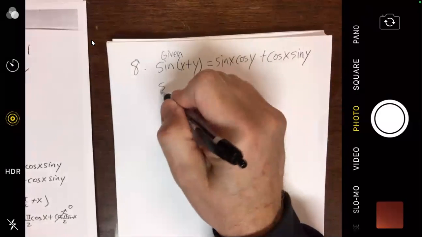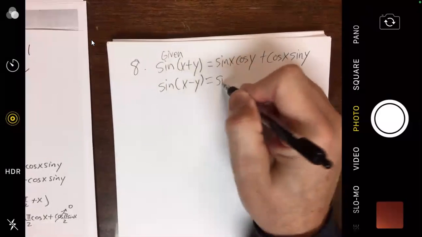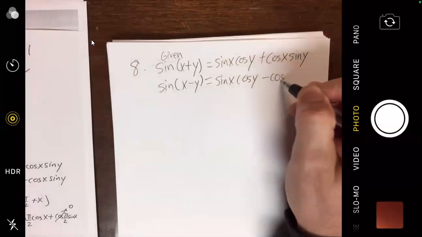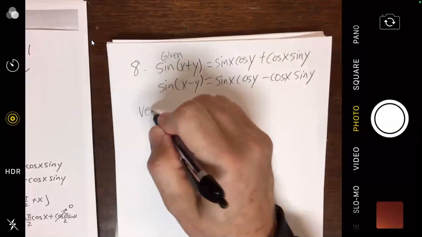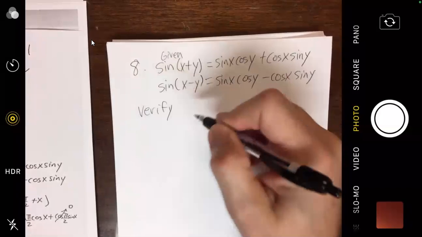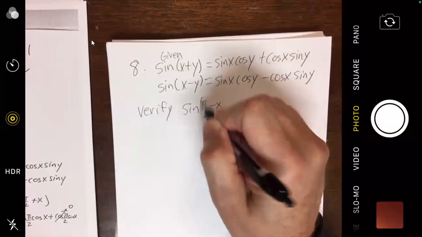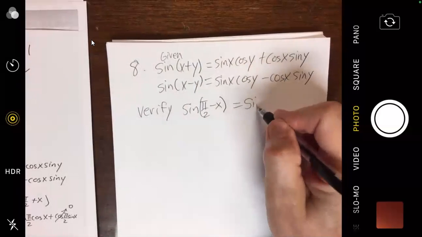For a difference we stick in a minus sign: sine of first, cosine of second, minus cosine of first, sine of second. So we're going to verify that the sine of pi over 2 minus x, the difference, is exactly identical to the sine of pi over 2 plus x.